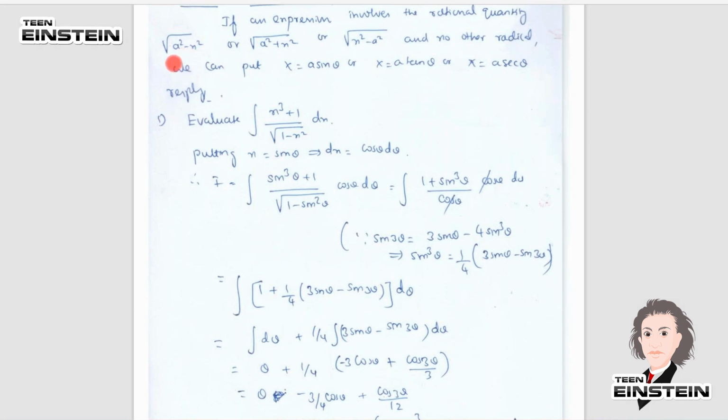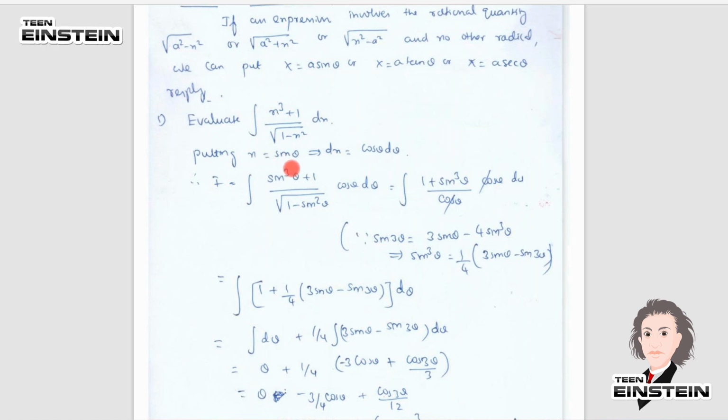So I can use the substitution x equal to a sin theta. You compare the given integrand with the general form; a is 1. So x equal to 1 sin theta, that is x equal to sin theta.